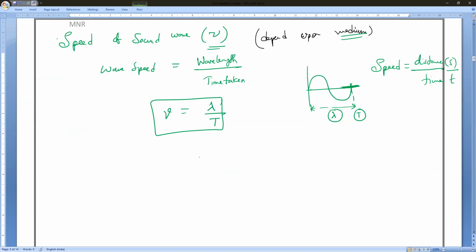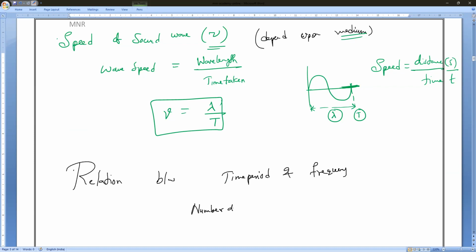Now, if you take the relation between time period and frequency, we all know the number of oscillations or waves in T seconds is equal to 1.